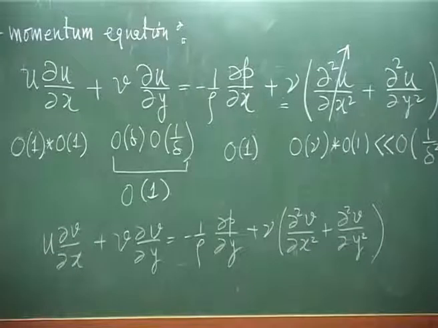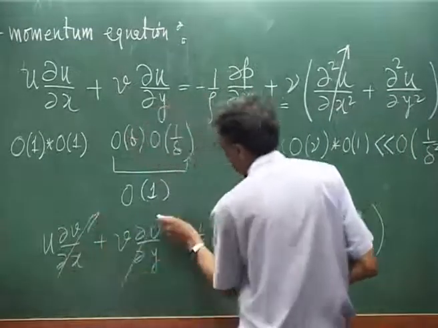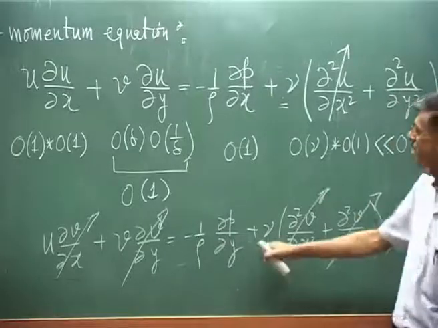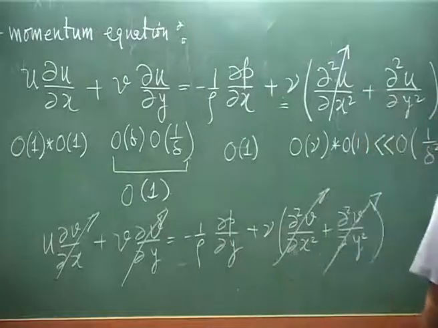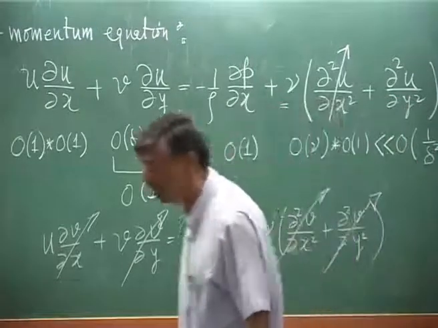That is the mathematical term. And you end up getting del p del y is equal to 0.